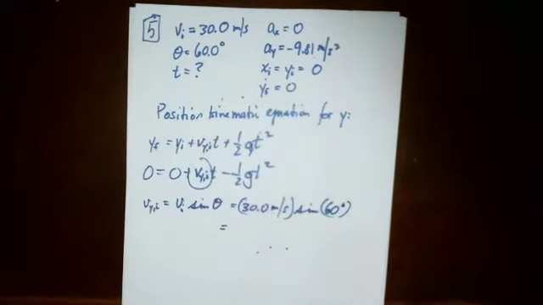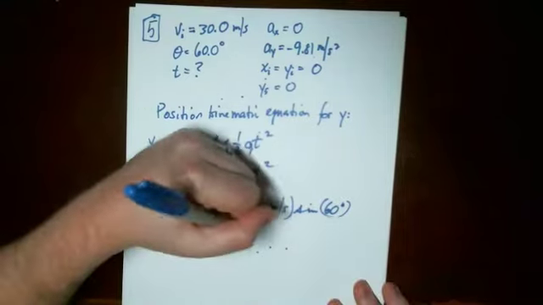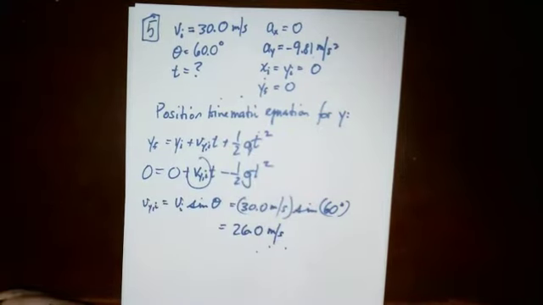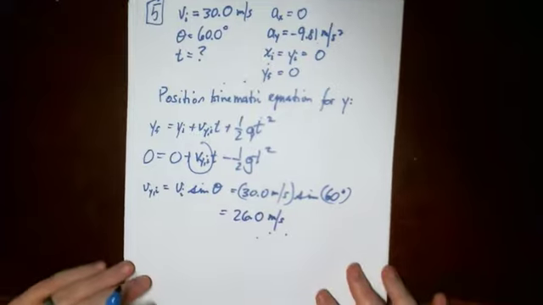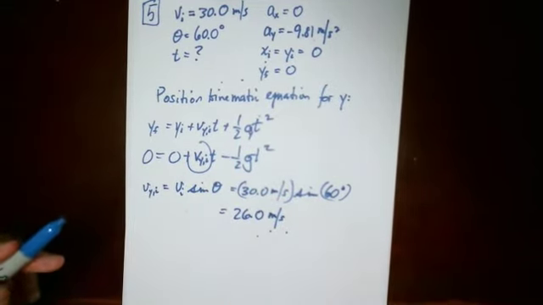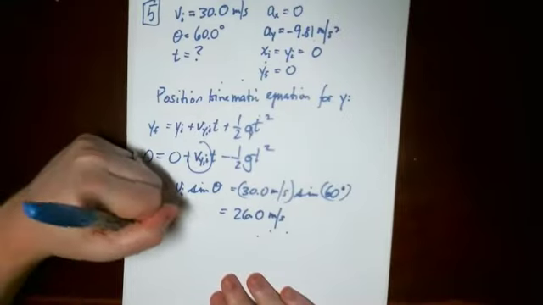And that'll give us an initial y velocity of, let me plug that into my calculator here, 26.0 meters per second. Okay, so we can substitute that in and get a quadratic equation.